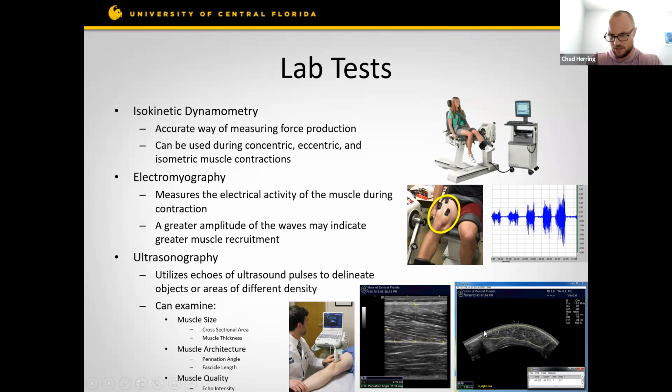Here looks to be a quadricep, and there you can see the muscle is outlined here. So again, we can get the actual cross-sectional area of the muscle. For instance, in the study I worked on, we were looking at cross-sectional area of the muscle to see if it increased in size after a resistance training program.